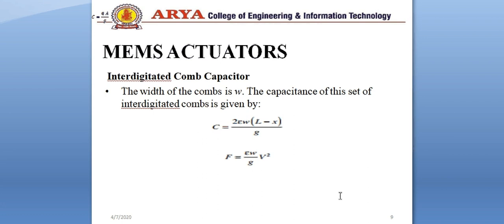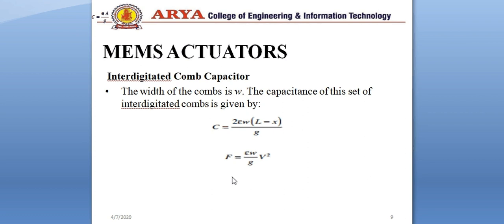Now with this interdigitated comb capacitor, if the plate's width is W, then the capacitance can be defined as 2 epsilon W (L minus X) over G. And with this we can find out the force F, that is epsilon W over G into V squared.